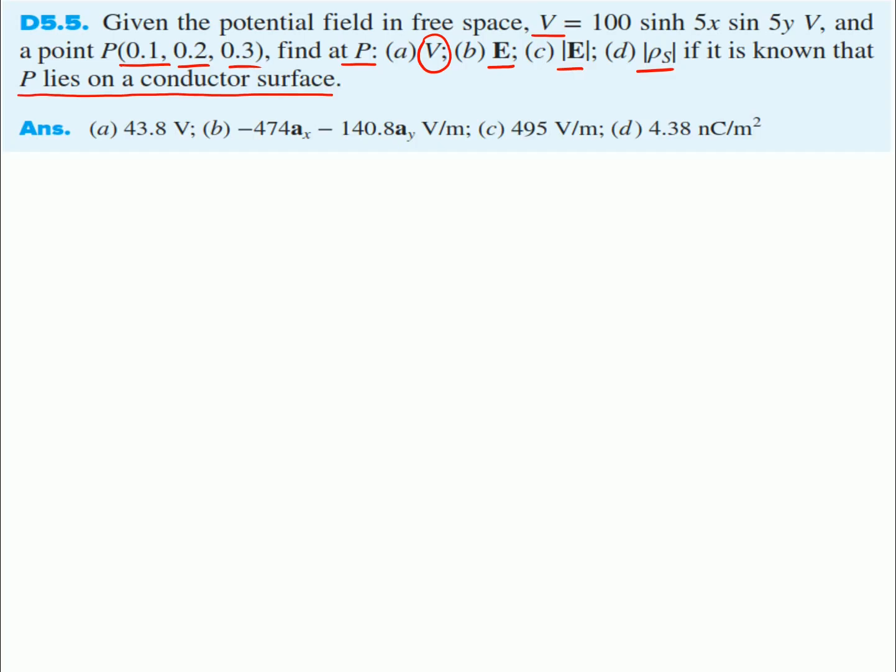So we have been given a hint that we have a boundary between free space and a conductor surface. So what we have seen previously will be applied over here. So let us find the solution of this.